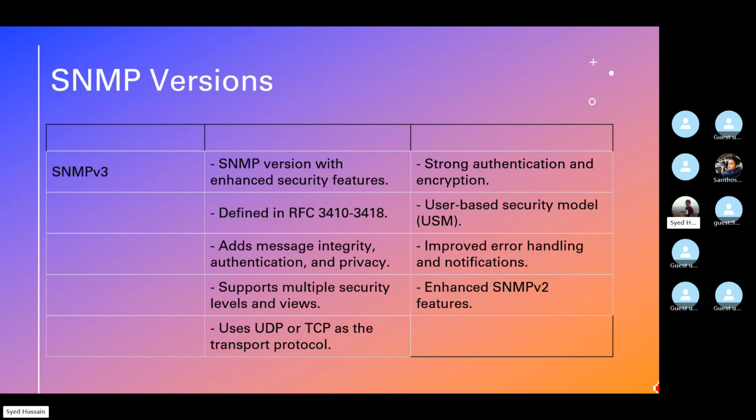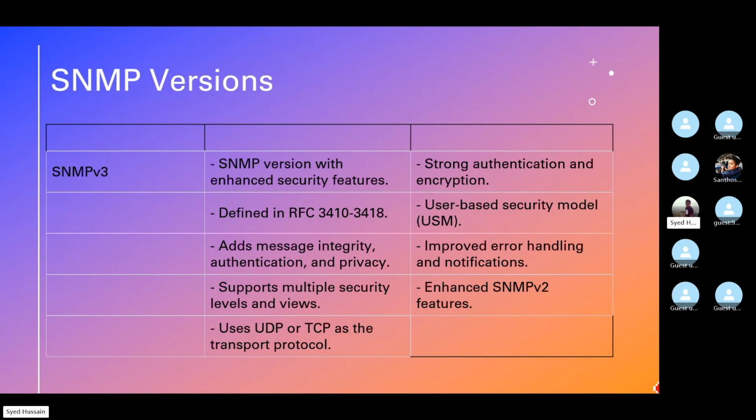In between, whoever tries to hack or see our information can't do it, because even if they see it, they can't understand the exact message inside the packet. This is what encryption is. It uses a security model, USM, with improved error handling and notification, and it is an enhancement of SNMP version 2.